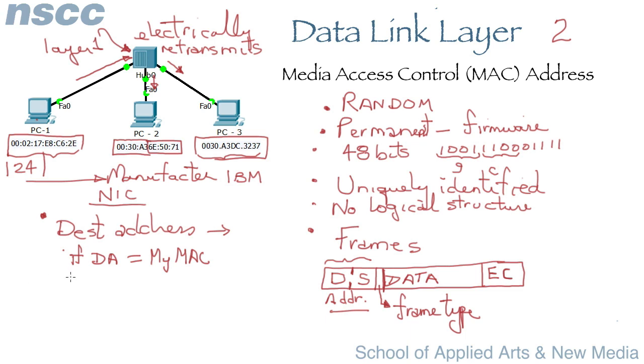Now, there's one other special case. If the destination address equals what is called a broadcast MAC address, it also will process the frame. Now, what's a broadcast MAC address?